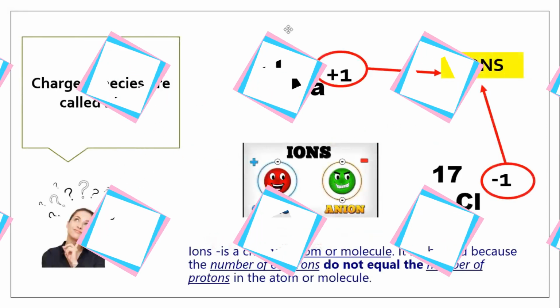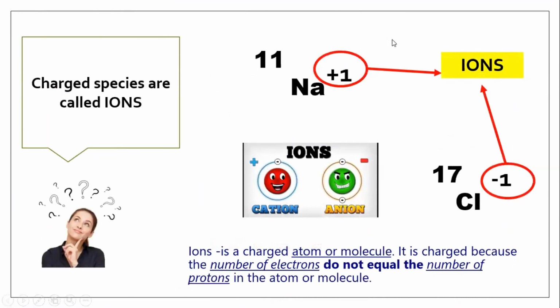Okay, so as you can see on my slide, the charged species are actually called ions. So if you can see here, I have two elements. We have sodium, which is ang atomic number niya ay 11. And at the same time, for chlorine, we have atomic number of 17. We all know for the fact that kung ano ang atomic number niya, yun din yung number ng protons niya at yun din yung number ng electrons niya.